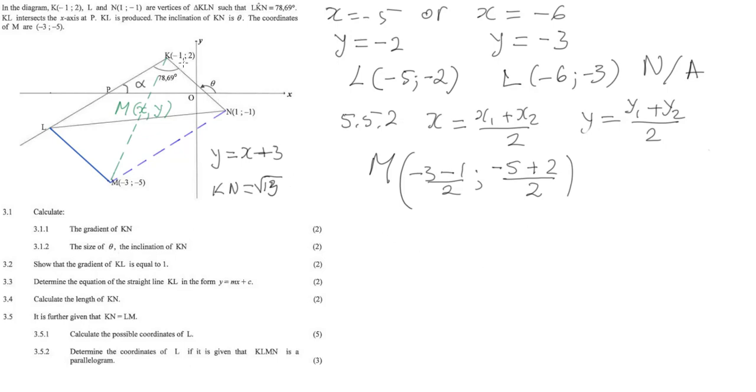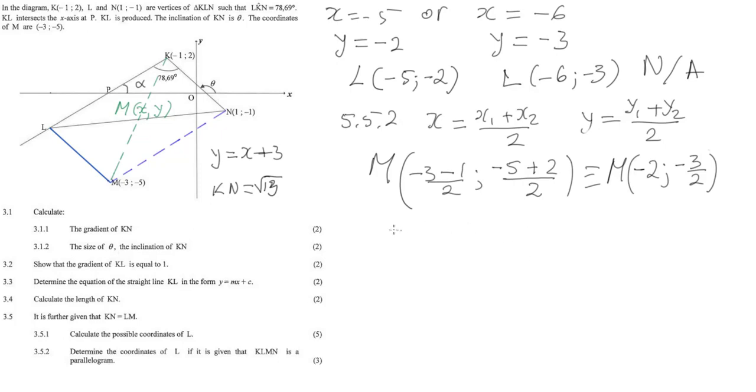The midpoint will be minus 3 minus 1 over 2, and here minus 3 plus... so the midpoint M will be minus 2, and here minus 3 over 2. I think that is correct.